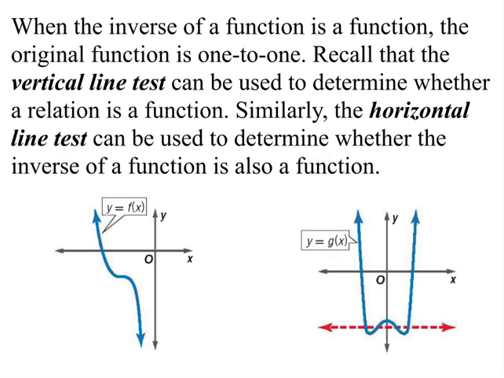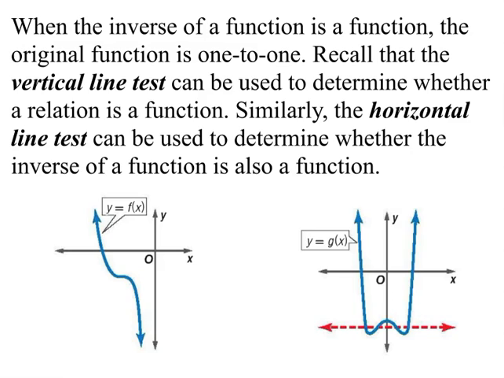Let's talk a little bit about this next statement. It says when the inverse of a function is a function, the original function is 1 to 1. Recall that the vertical line test can be used to determine whether a relation is a function, and similarly, the horizontal line test can be used to determine whether the inverse of a function is also a function.